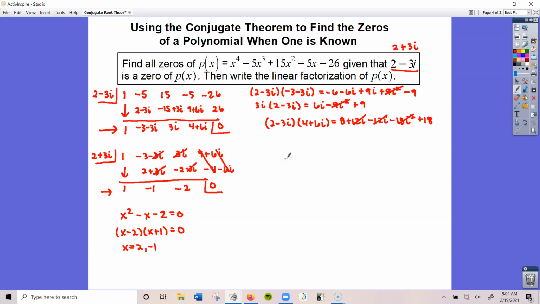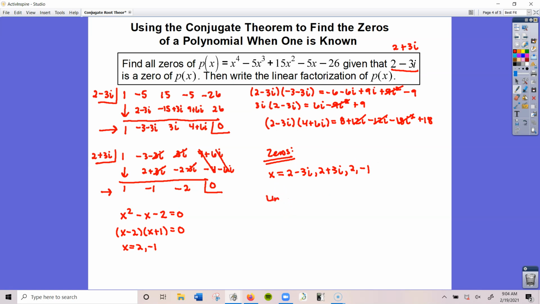So let's write out all of the zeros. We have that x is equal to 2 minus 3i, 2 plus 3i, 2, and negative 1.